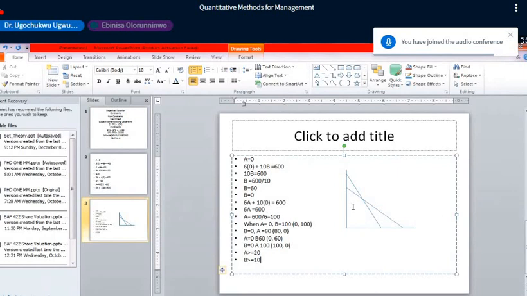So if we are to plot these two constraints here, let us say that this is the A axis.